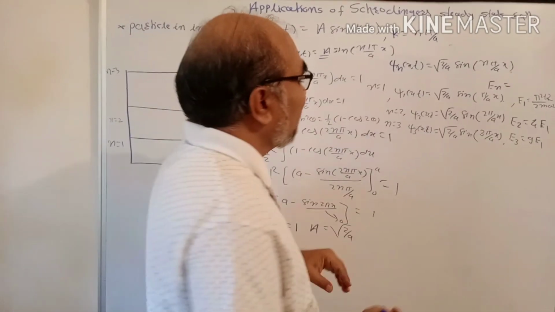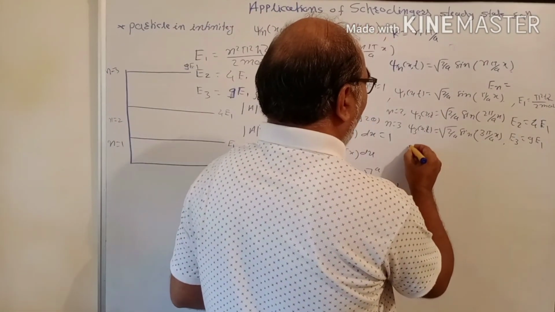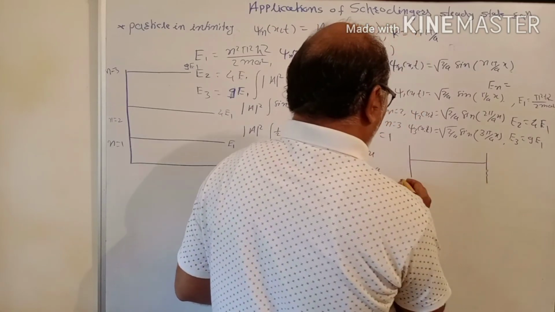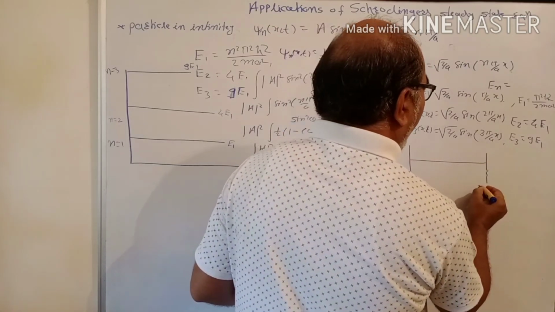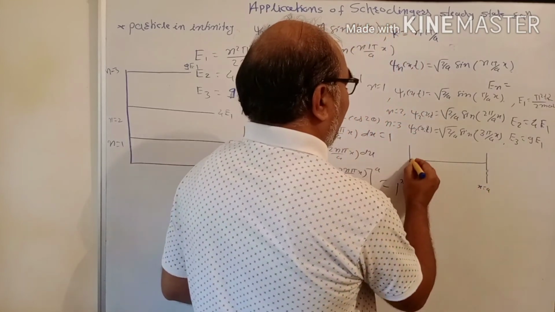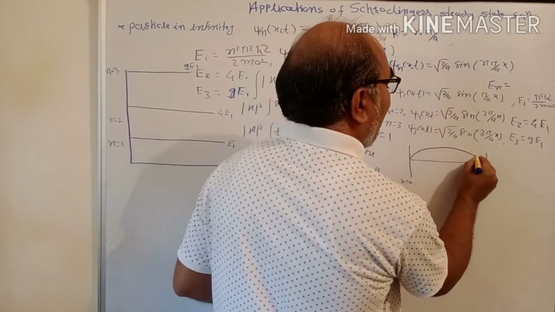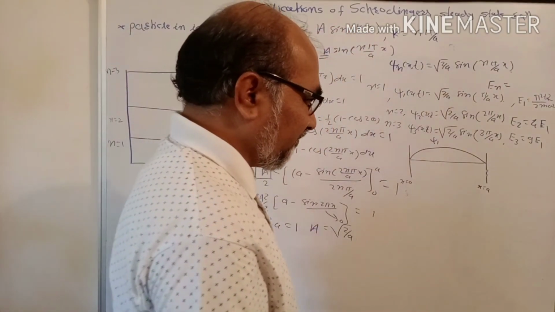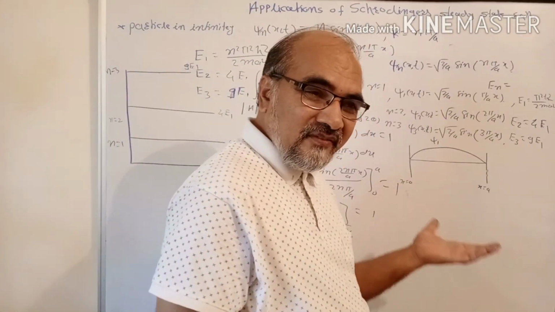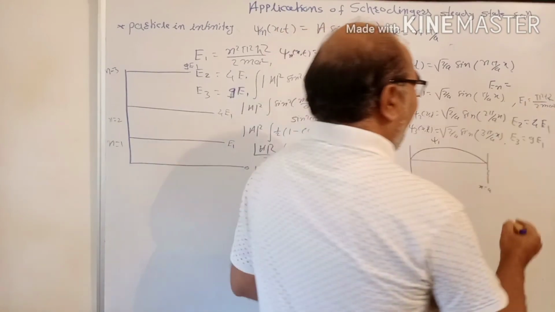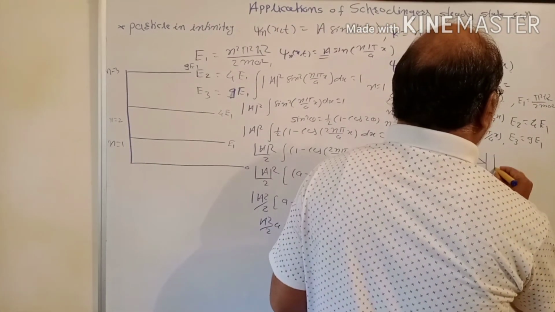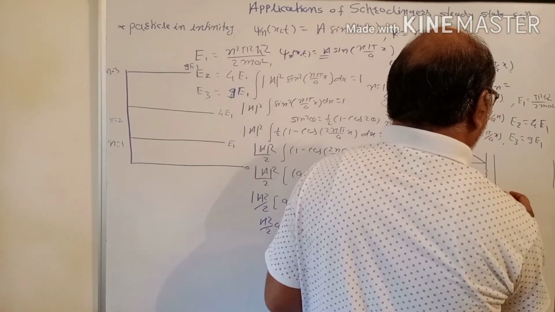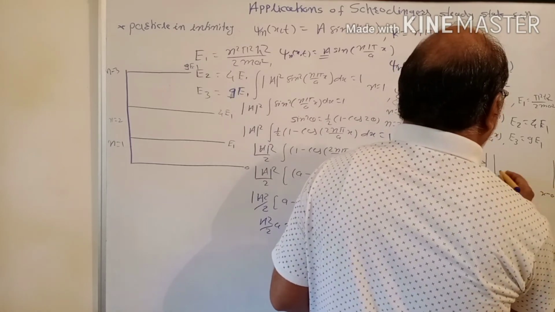Then if you plot psi 1 here, between x equal to 0 and x equal to a, this becomes psi 1. Now plot the probability density, which is nothing but the modulus of psi 1 squared, between x equal to 0 and x equal to a.